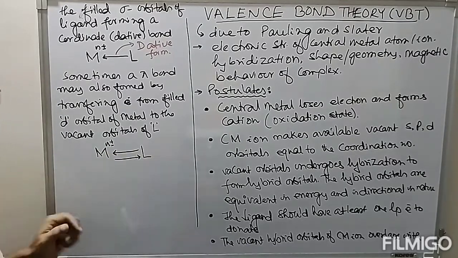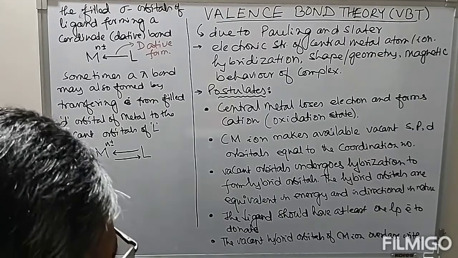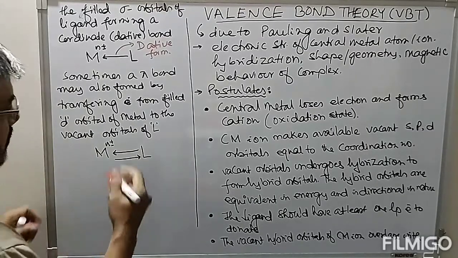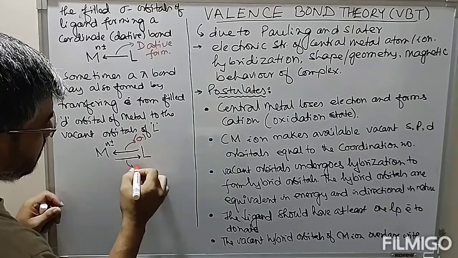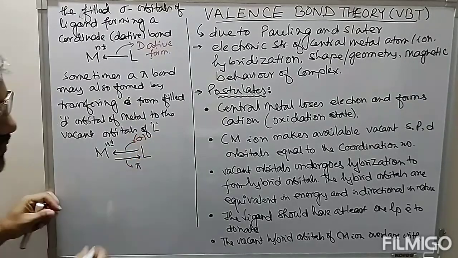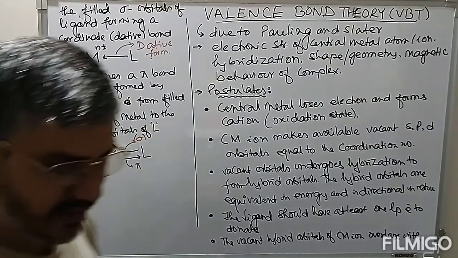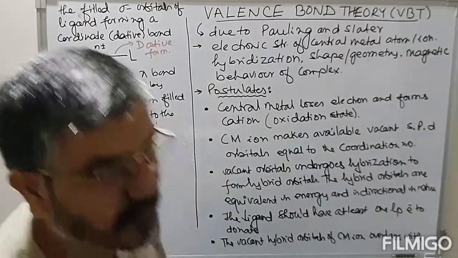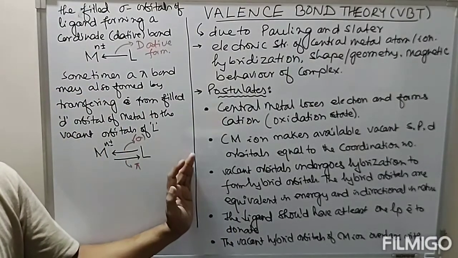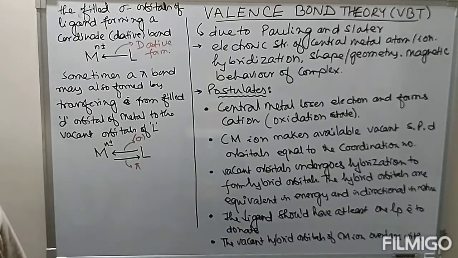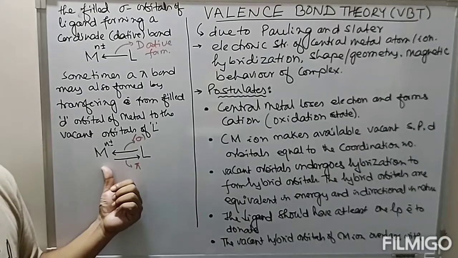So in this way, a double bond may also form between metal and ligand. So this is the sigma bond, this is the pi bond. This is the case when the ligand has vacant orbitals which can accept electrons from the central metal.